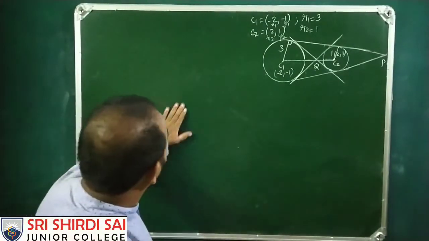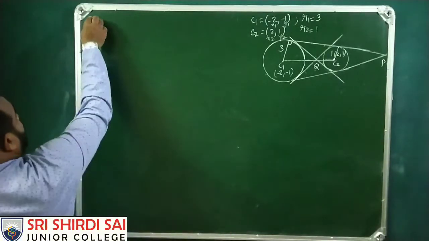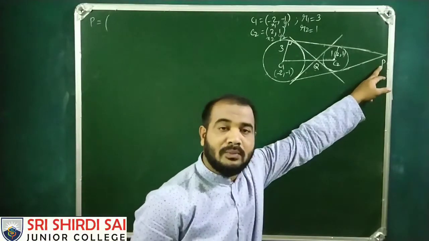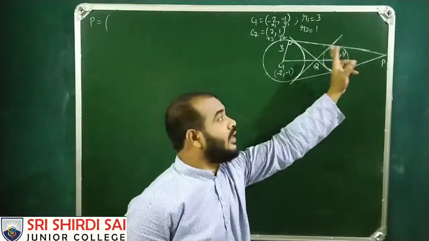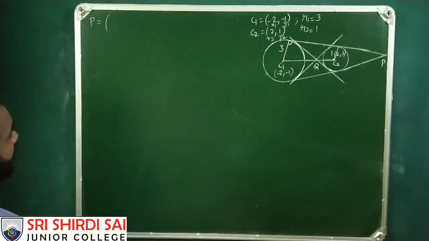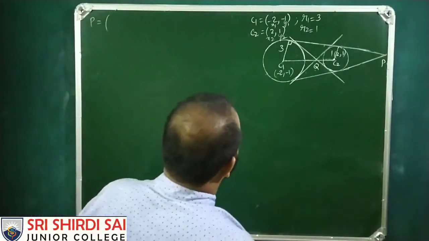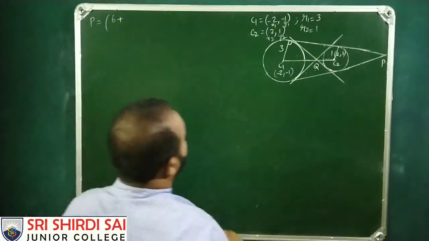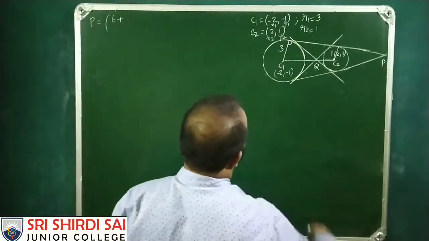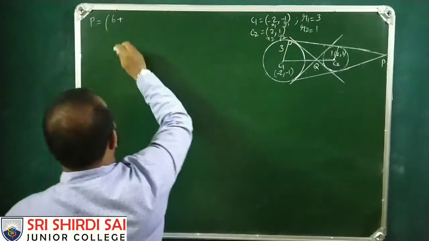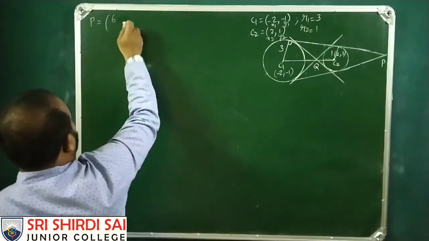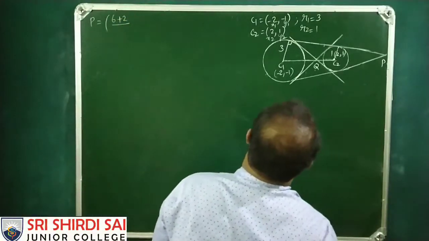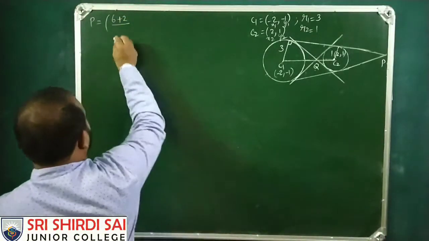Now, first let us find out P. What is P? P is the point of intersection of the two direct common tangents. So P is equal to R1 x2, so 3 into 2 is 6, plus R2 x1, minus of minus, so plus 2, by R1 minus R2, 3 minus 1 is 2.